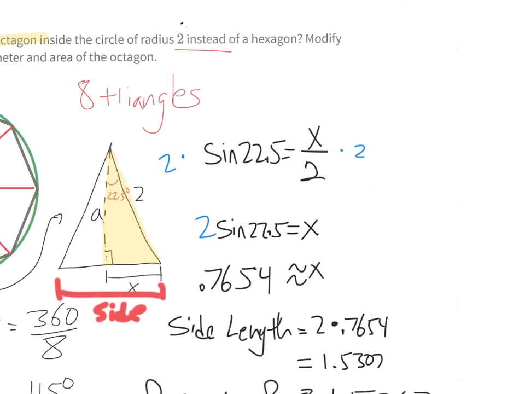Okay, so we're going to go ahead and start. We need to find A here because the area of a triangle is 1/2 base times height.